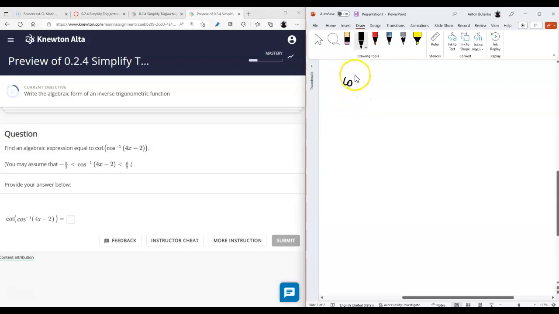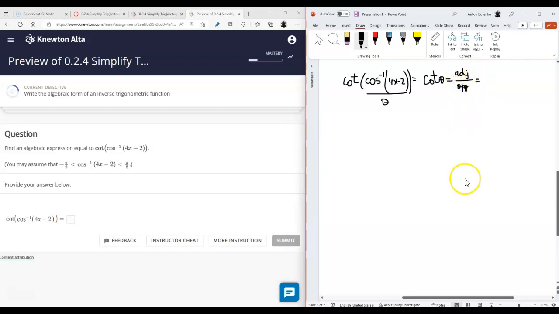So we're looking for cotangent of cosine inverse of 4x minus 2. If I call this theta, then I'm just simply looking for cotangent of theta. Cotangent is adjacent over opposite.